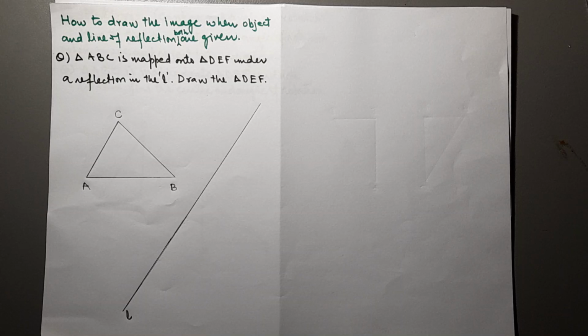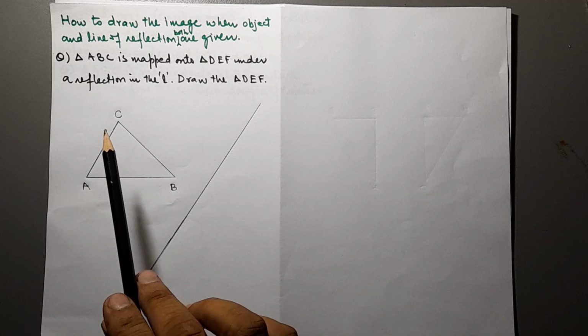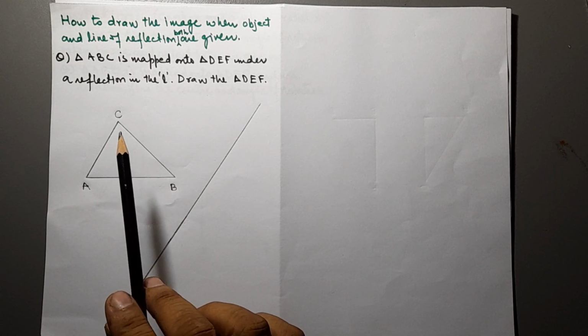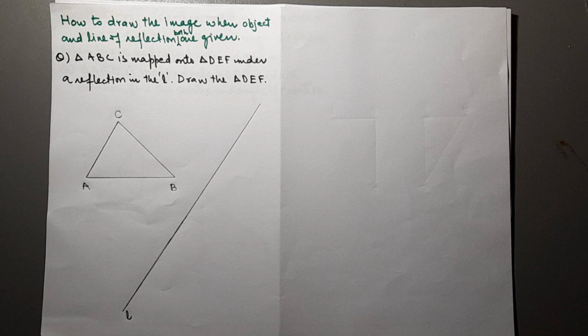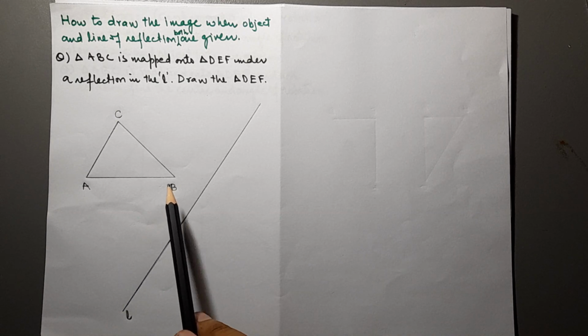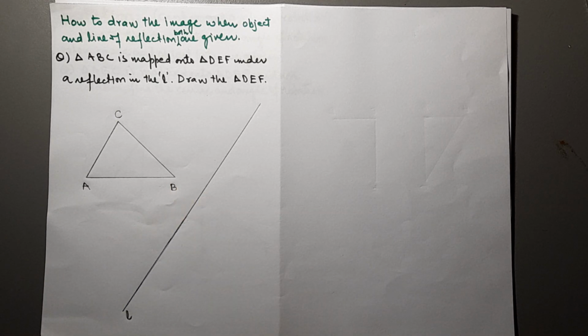We want to draw the image of the triangle ABC in the line L. Now, as you know, the image always lies on the perpendicular line. I will draw a perpendicular from B to the line of reflection.